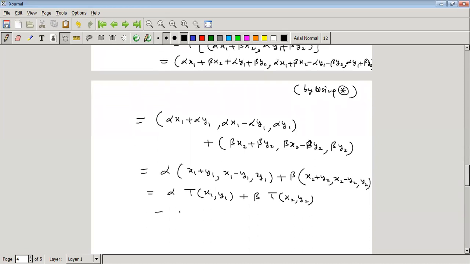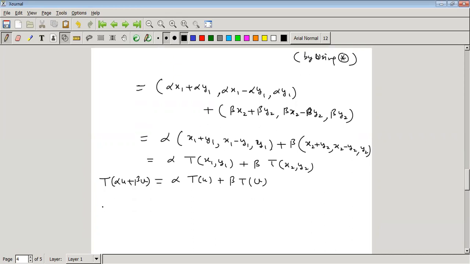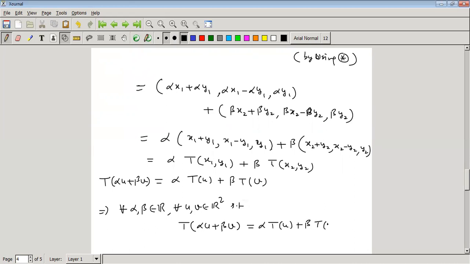And we have taken x1 comma y1 as u, so we can write this as alpha T of u plus beta T of v. So T of alpha u plus beta v equal to this. This implies for any alpha, beta in R, we can take field R, and for any u, v in V, V means we can take R2, such that T of alpha u plus beta v is equal to alpha times T of u plus beta times T of v.